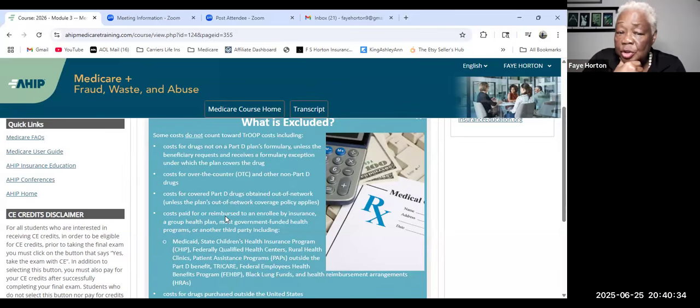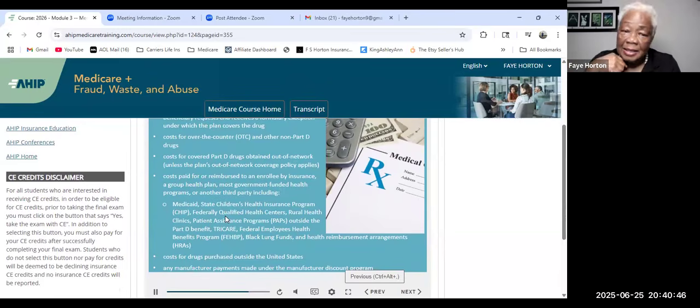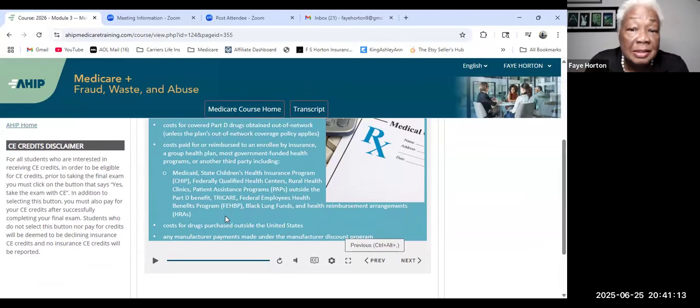Costs paid for or reimbursed to an enrollee by insurance, a group health plan, most government-funded health programs, or another third party, including Medicaid, State Children's Health Insurance Program, CHIP, federally qualified health centers, rural health clinics, patient assistance programs outside the Part D benefit, TRICARE, Federal Employees Health Benefits Program, Black Lung funds, and other health reimbursement arrangements. Costs for drugs purchased outside the United States are not included in the TROOP.